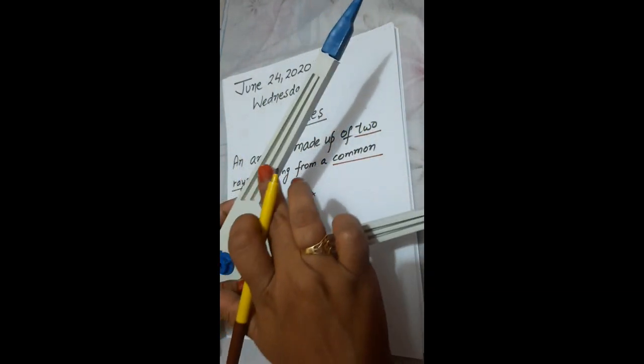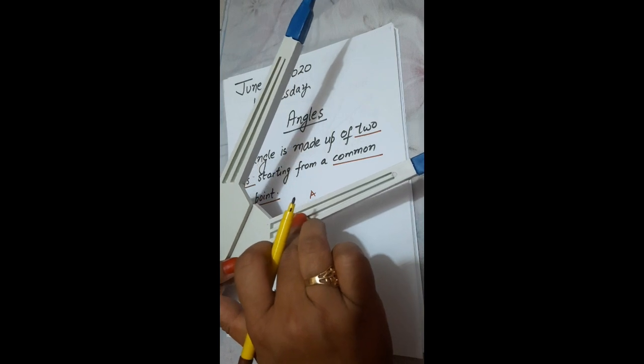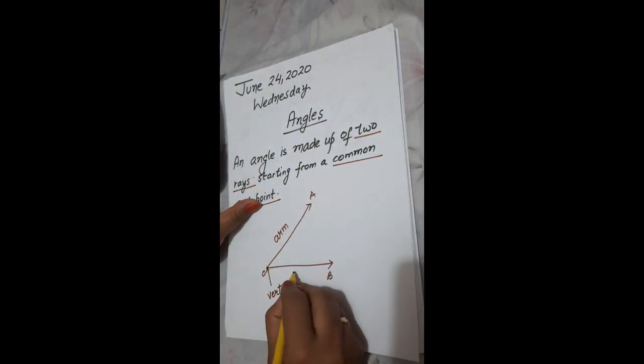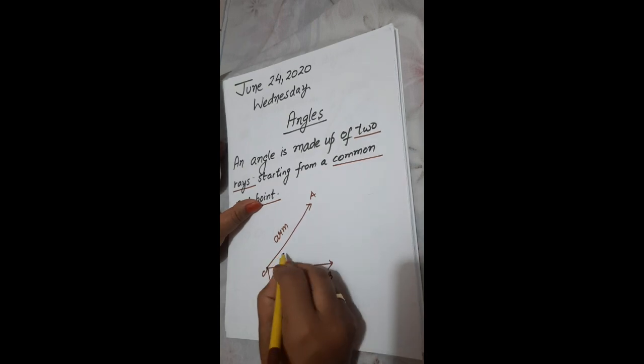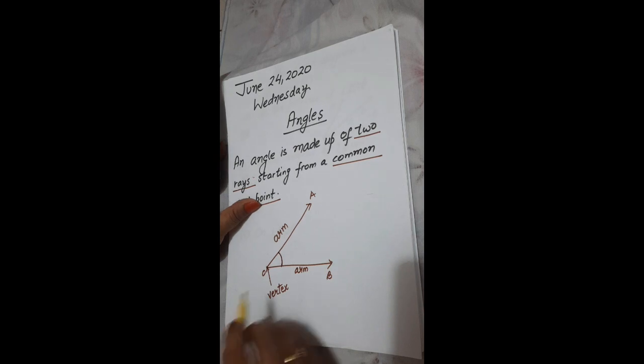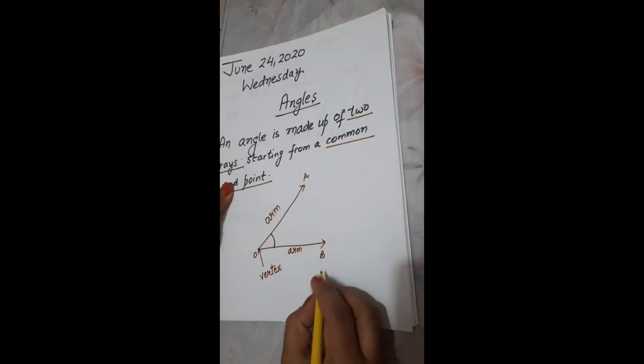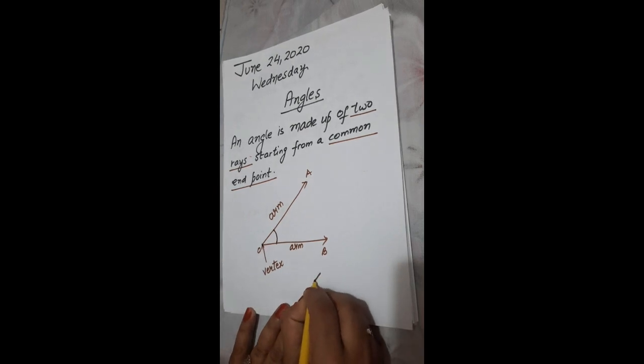So two rays, and these are also known as arms. This is your first arm, second arm, and this is the angle formed between two rays, that is OA and OB. So here the symbol of angle is this.